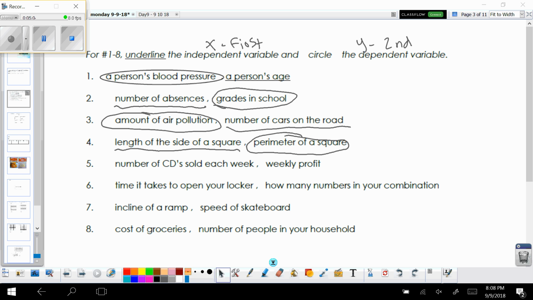We're going to actually go over the last four. So again, we're going to think about what's independent versus what's dependent.